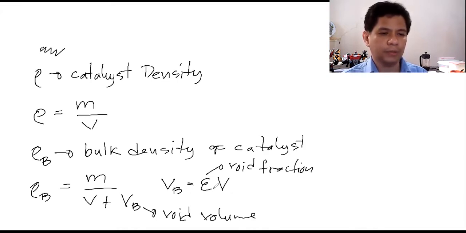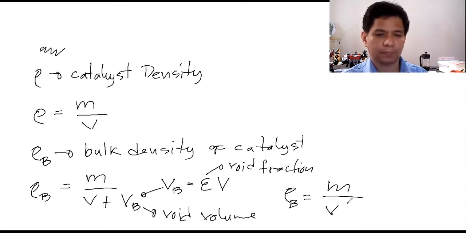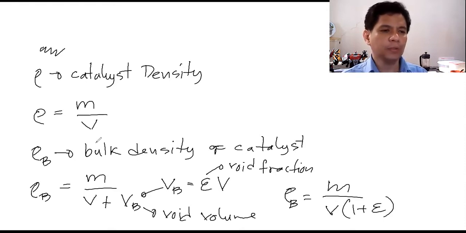So if you're going to substitute this void fraction right here, you will see that the bulk density will be equal to mass divided by volume times 1 plus the void fraction. Okay? So if you're going to consider these two equations, the original catalyst density equation and the bulk density of a catalyst, how are you going to solve, no?